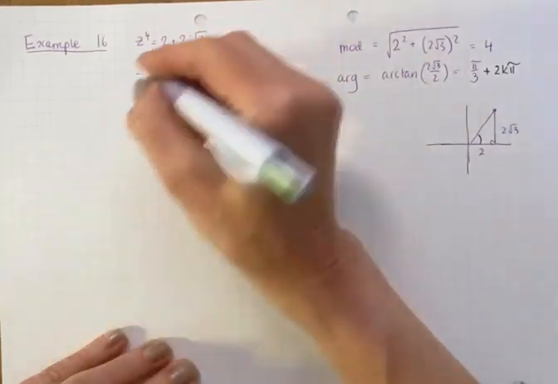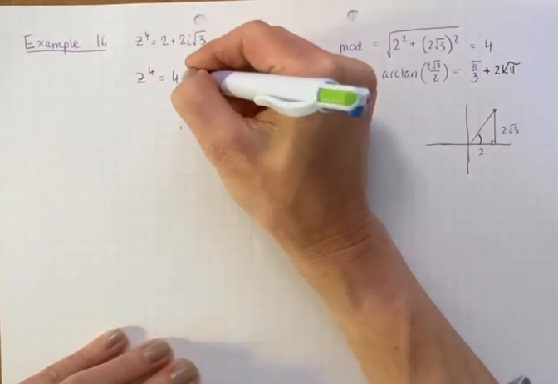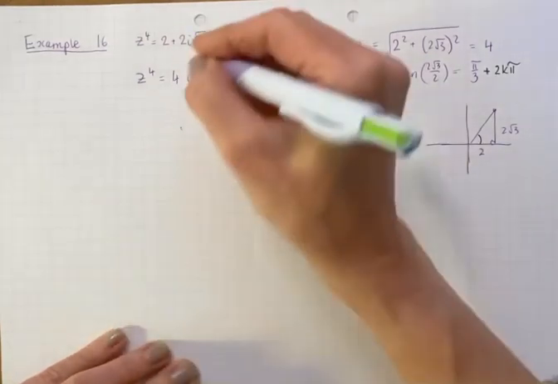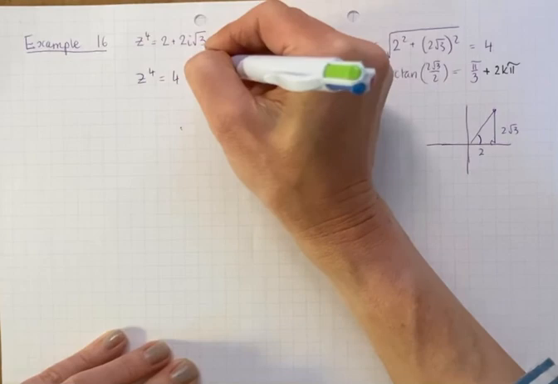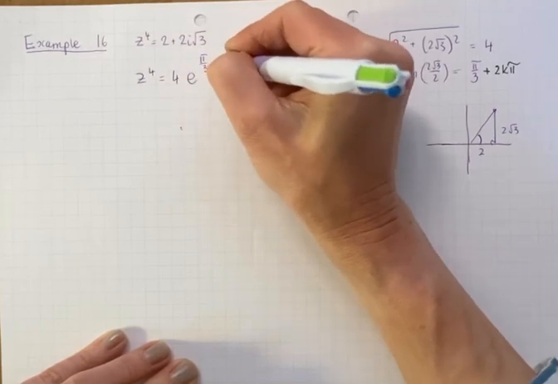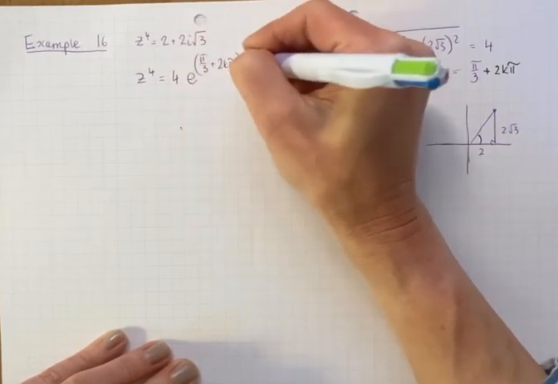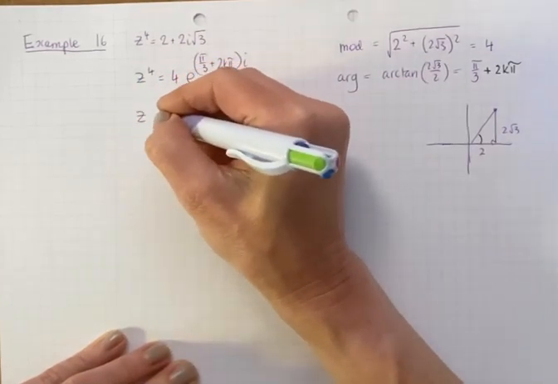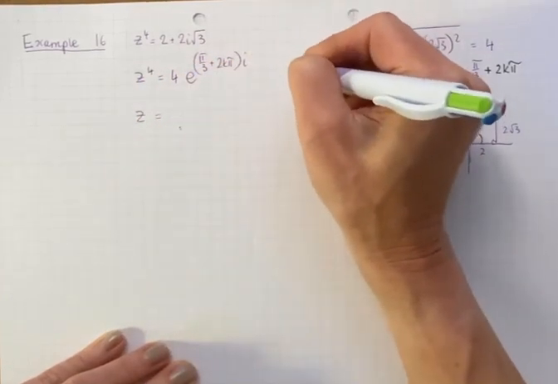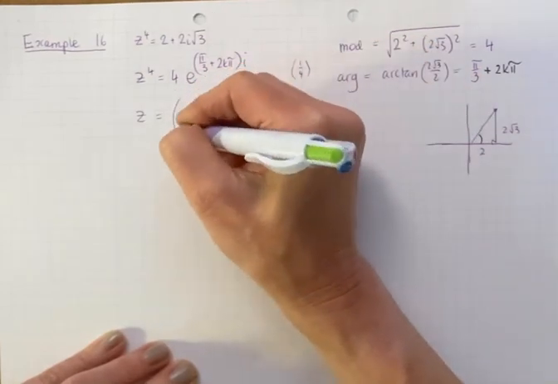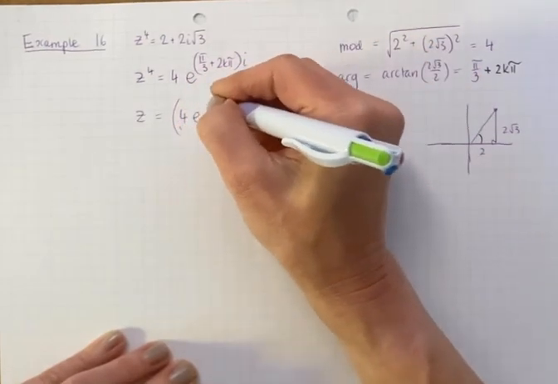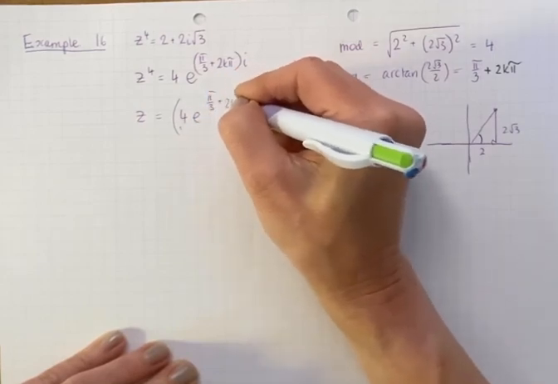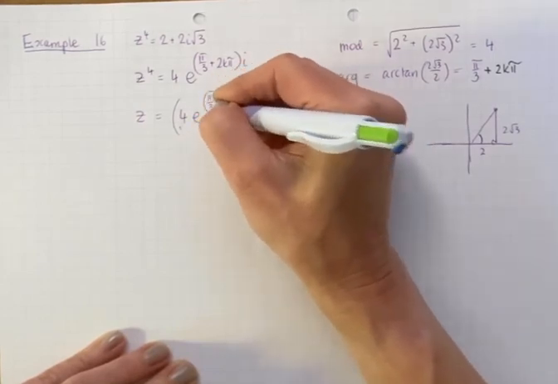Let's write down the exponential form: 4e to the power of pi over 3 add 2k pi i. Then undo that, raising to the power of a quarter. So surround it with brackets first, or you may do it quicker, but let's do it slowly to begin with.